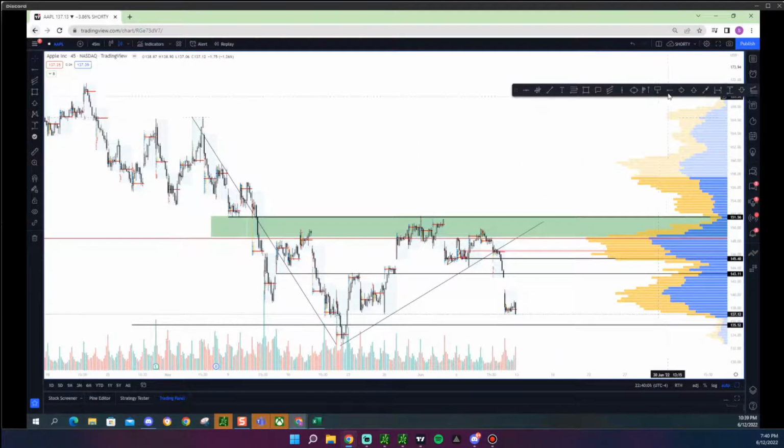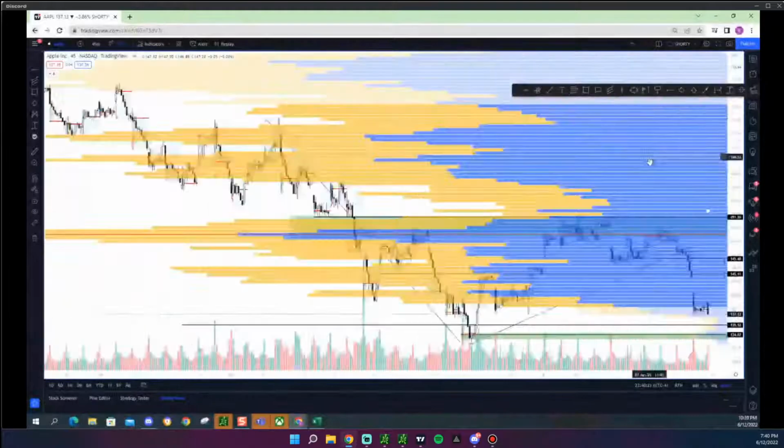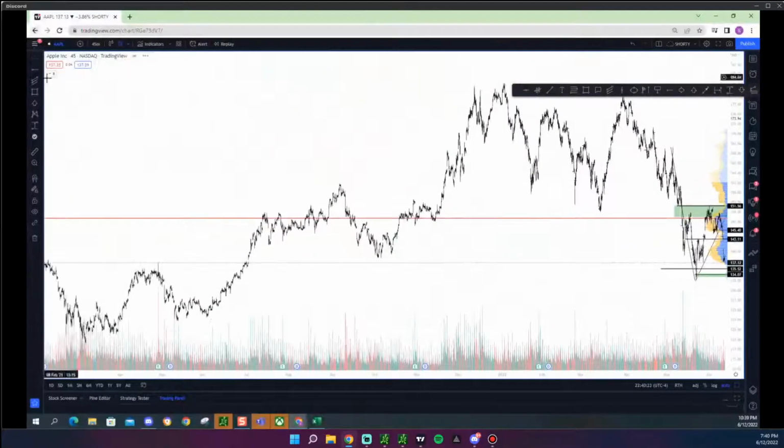Yeah, so we have a demand zone, or our VPOC is right here. So I'm pretty sure we're going there. Yep, we're going to this volume cluster right there. And then we have to find the zone below it, because that's the most recent one that we got.